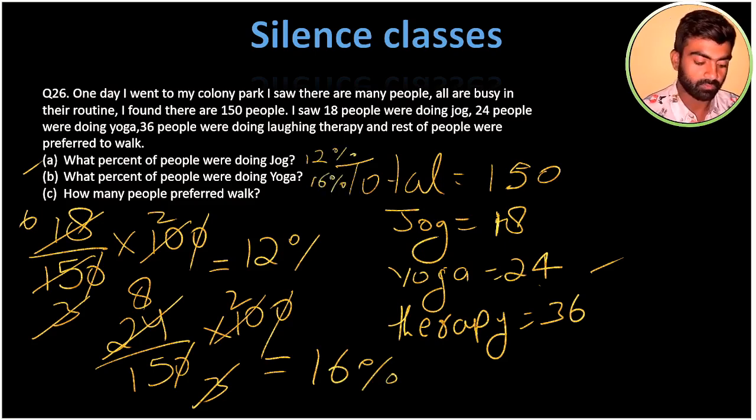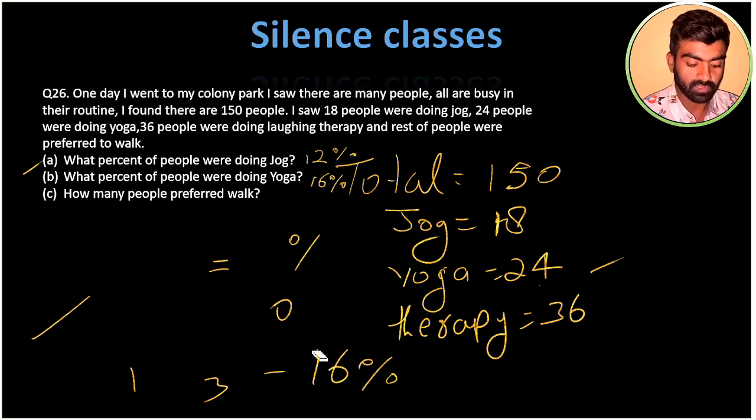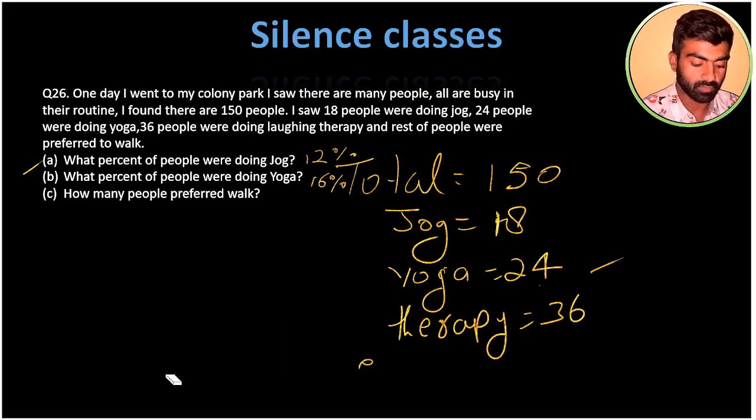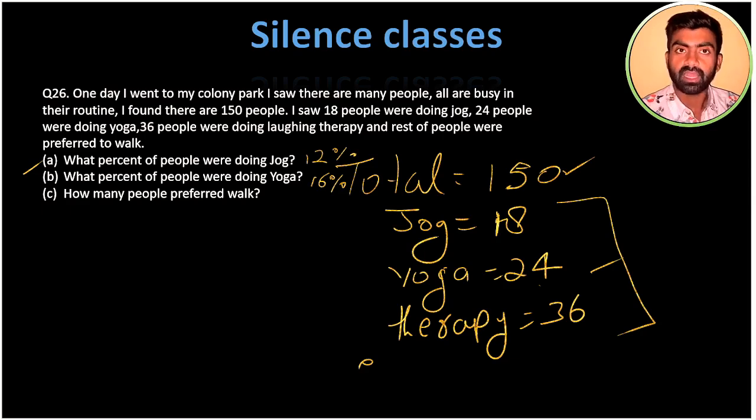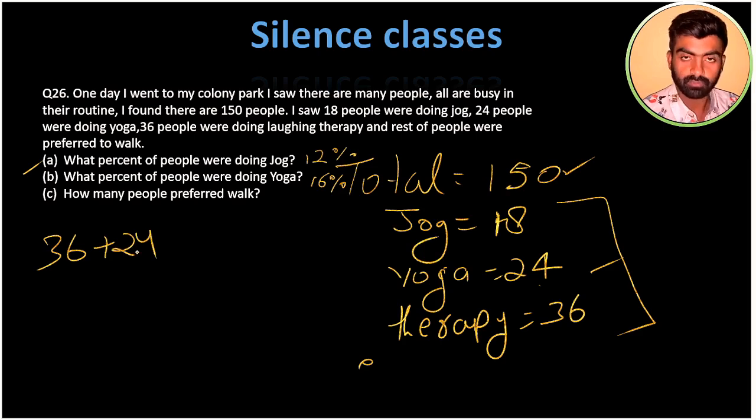Now, how many people preferred walking? We have to find out how many people chose to walk. The total number of people is 150. First of all, we will add the number of people doing the other activities, then subtract it from 150 to get the answer. 36 plus 24 will become 60. 60 plus 18 will become 78.